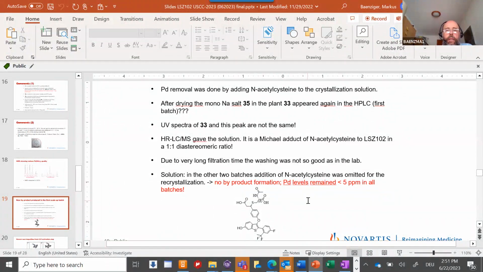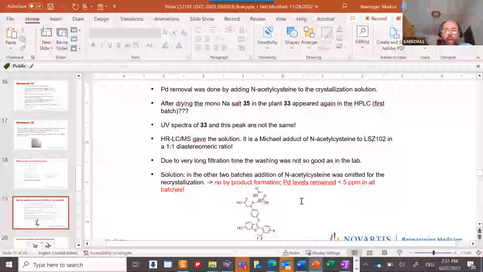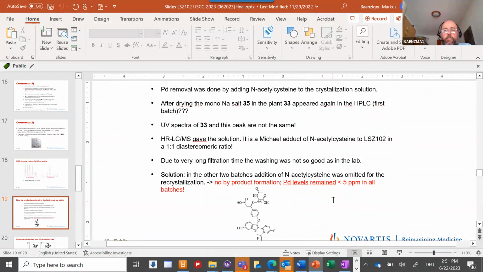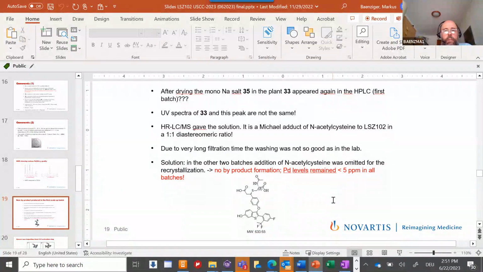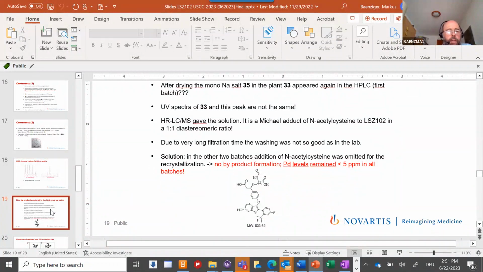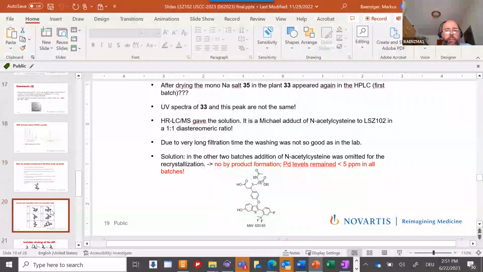It was definitely clear that probably the N-acetylcysteine wasn't washed out efficiently prior to the drying, and did this Michael addition to the LSZ, but it was still under uncritical level. However, in the next batches, we avoided this N-acetylcysteine treatment in the recrystallization step, and then this problem could be solved.